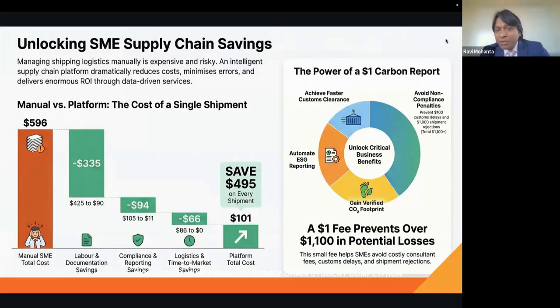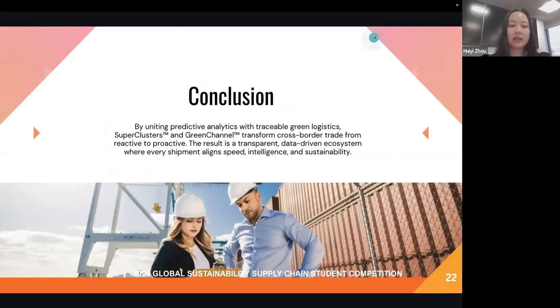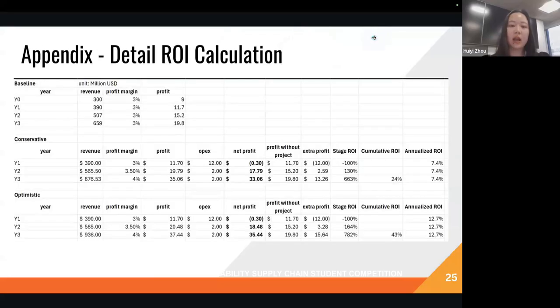That's a great question. Actually, we did our financial modeling based on everything, focusing on the number of users. Go to the appendix, Rebecca. As we can see in the detailed ROI, TWTH has had an annual growth of 30% over the past 5 years.